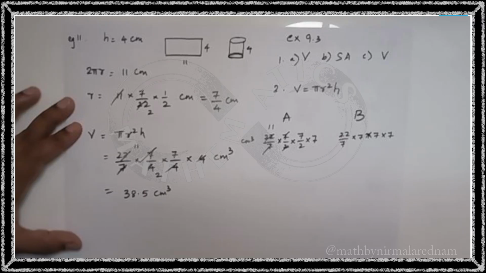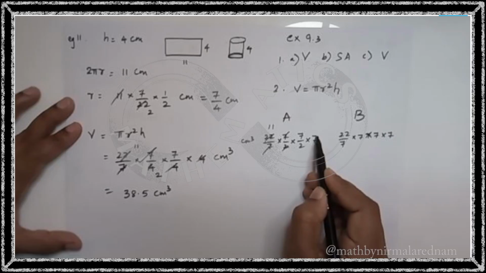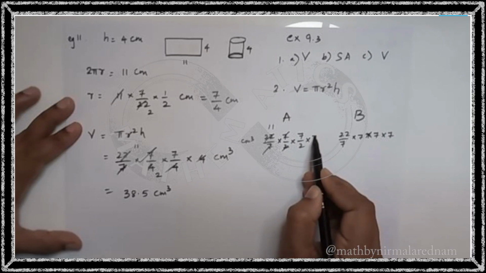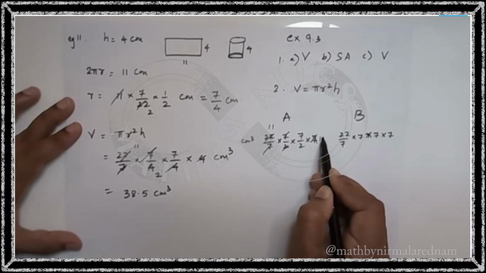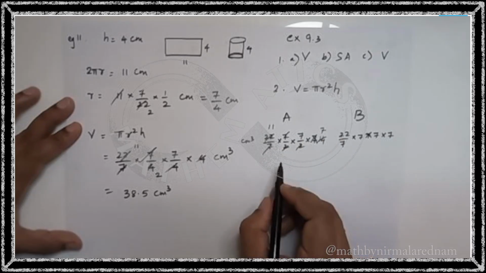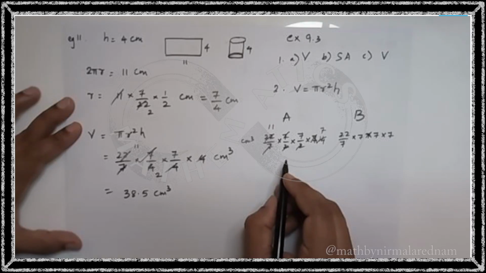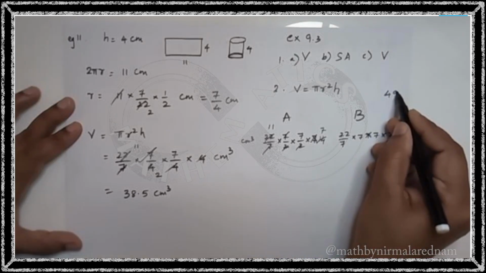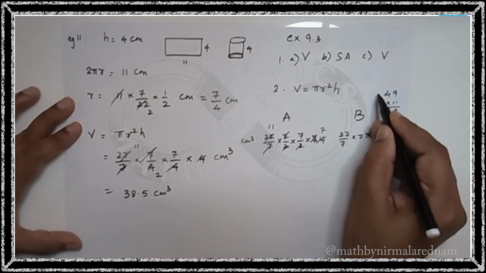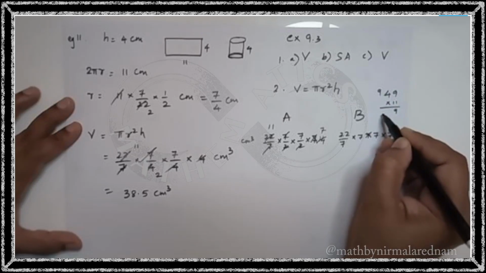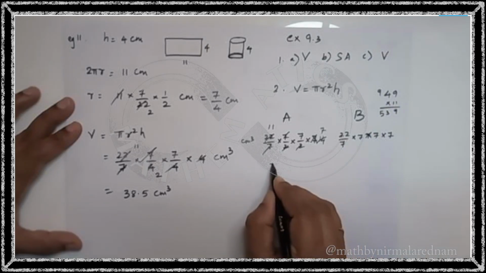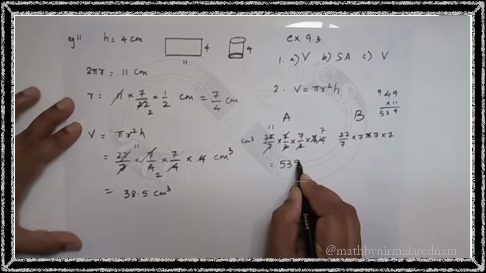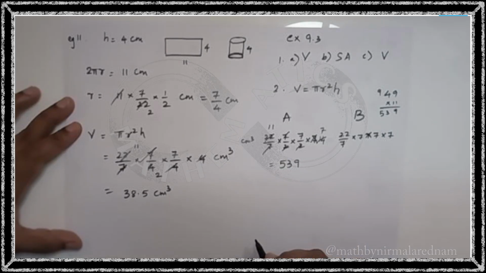And then, so here it is 14. The height over here is 14. So I have 11 into 14, 11 into 49, correct? So which is nothing but 539. So that is my volume for cylinder A.